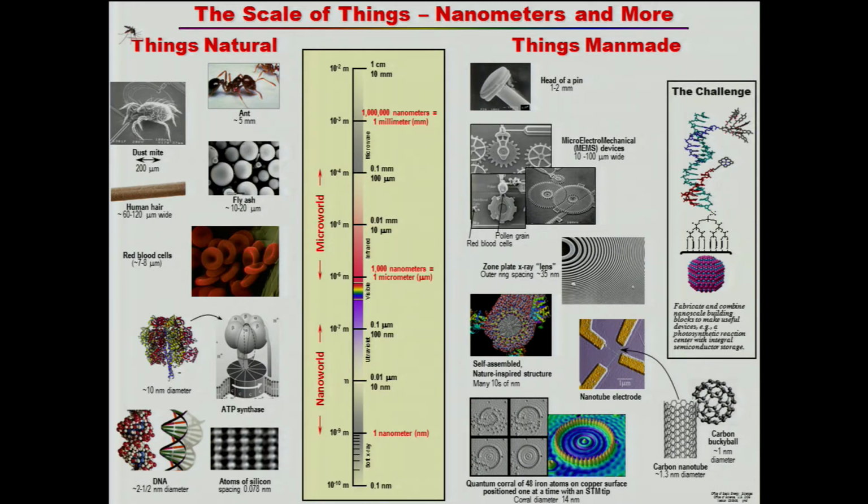One of the main problems of nano devices right now: we have made electrodes with nanotubes. These are electrodes and these are the nanotubes. If you can see, these are the crosses of nanotubes. To make these is a very expensive, time consuming process.